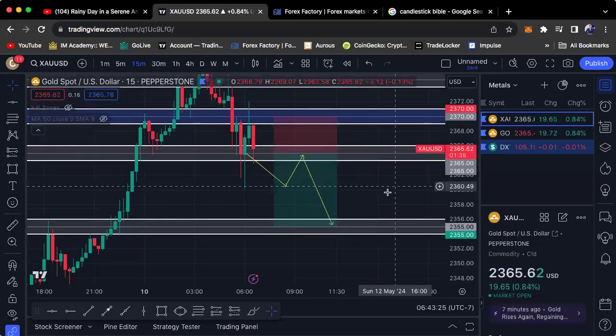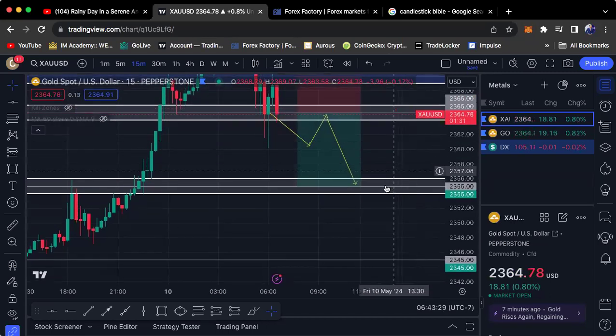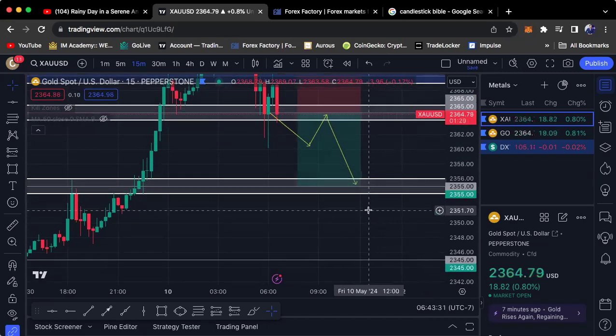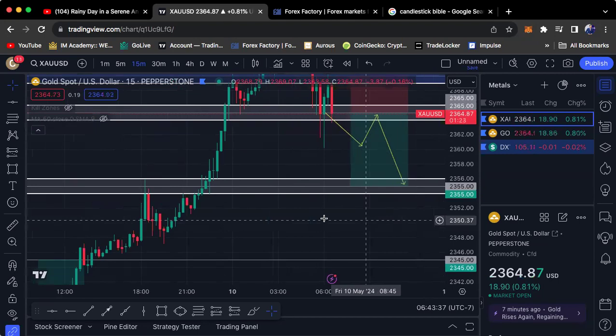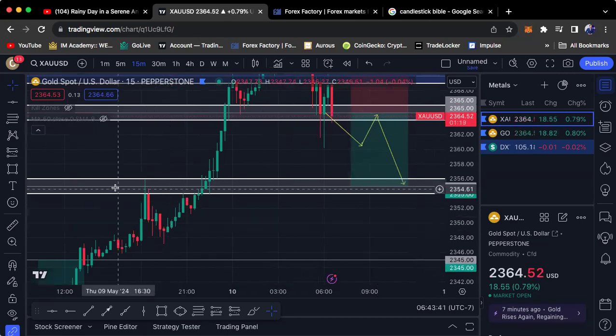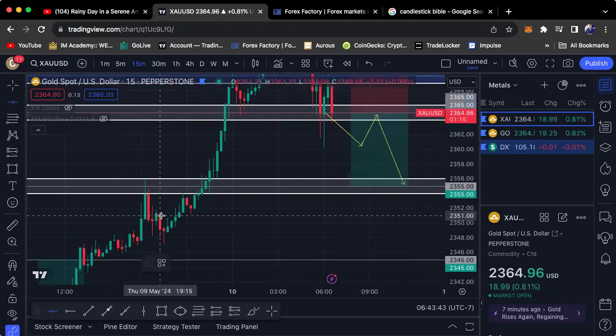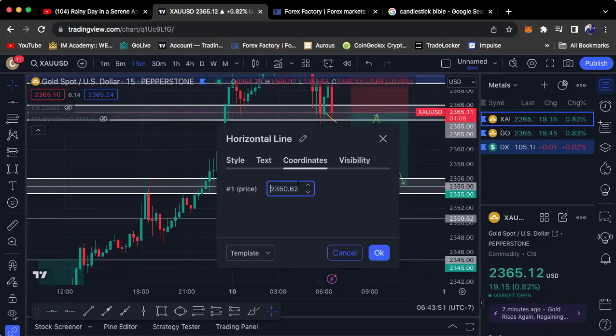Okay. You guys want to do 1, 2, 3? You can ride all the way down to 23.50. Okay. There's also price action going on here. There's more for my savages that want to hold the trade and get that 1, 2, 3.